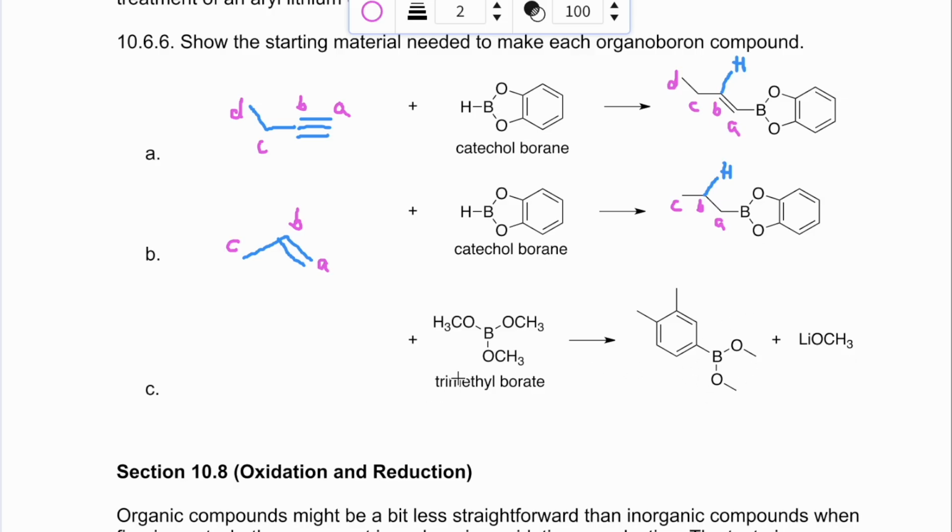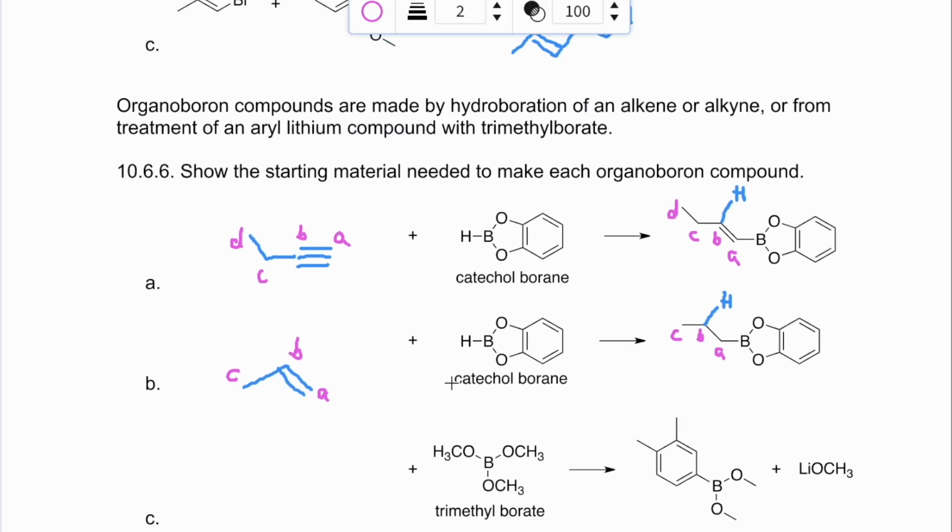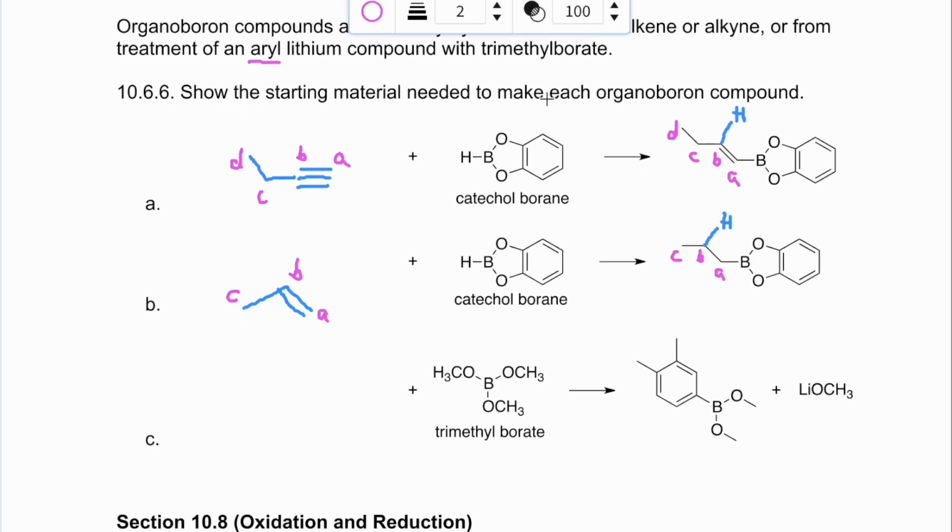So in order to make an aryl borane, we would treat an aryl lithium compound with trimethyl borate.